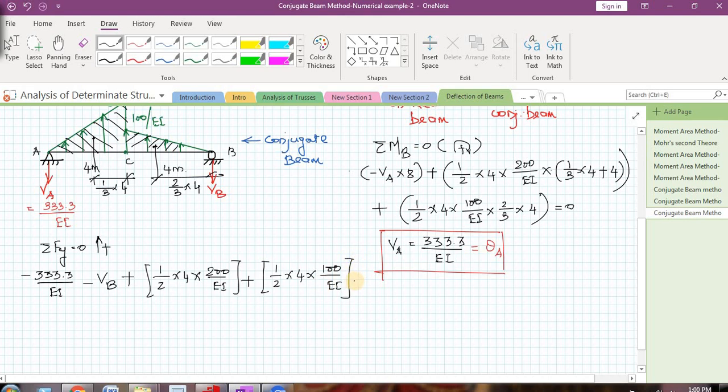No other load is there, so equate it to 0. The only unknown is VB, which you can get. So you're getting the value of VB as 266.67 by EI.